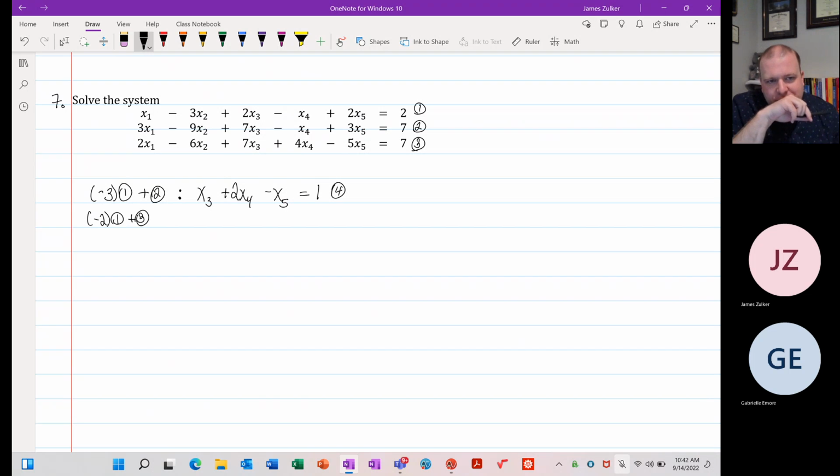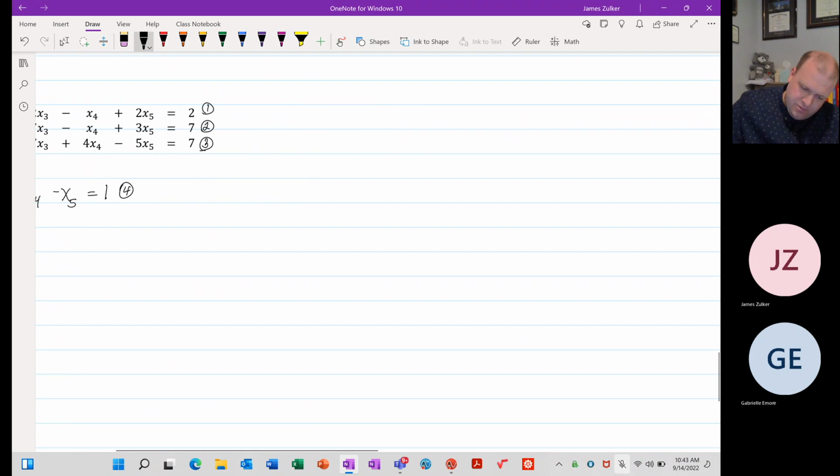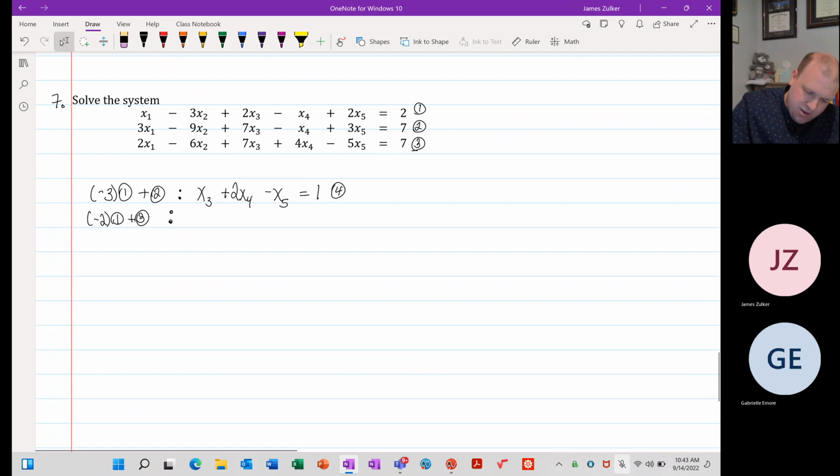Now it's negative 2 times equation 1 plus equation 3. So again, x1s drop out. 6 minus 6, the x2s also drop out. That's really nice. Negative 4 plus 7 is 3x3. 2 plus 4 is 6.